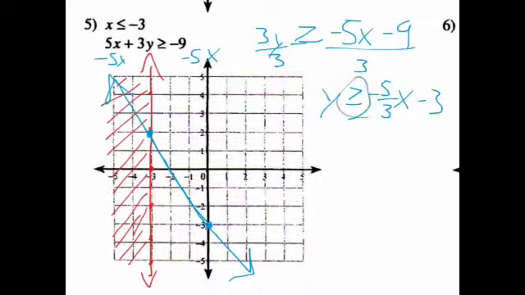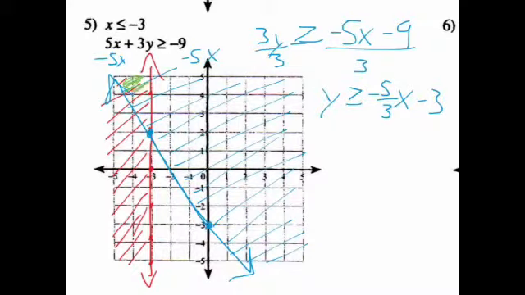And this says greater than, so greater than means I need to shade this way. That's the side that's up above the line. And there's this little region in the top left section that got double shaded. And so that's where the answers are, just in that little region right there.